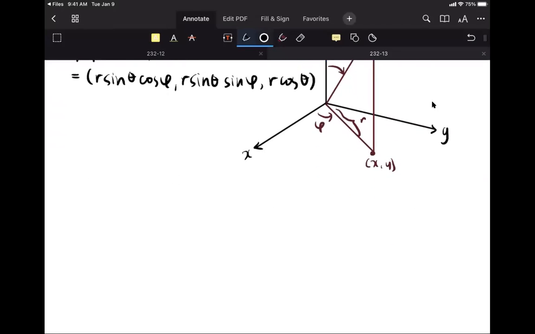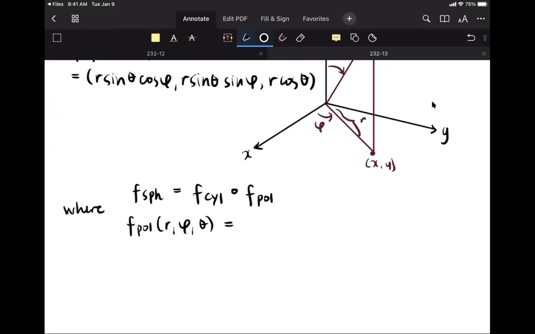But an alternative way is to recognize that the spherical coordinates is just a composition of the cylindrical and the polar transformations. Here, the polar transformation is a bit different.